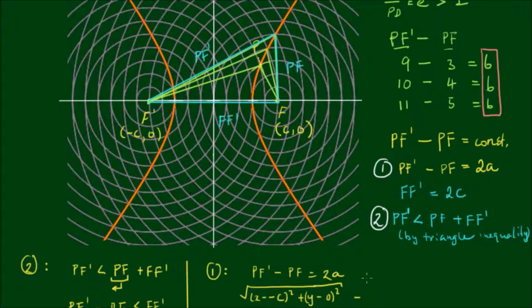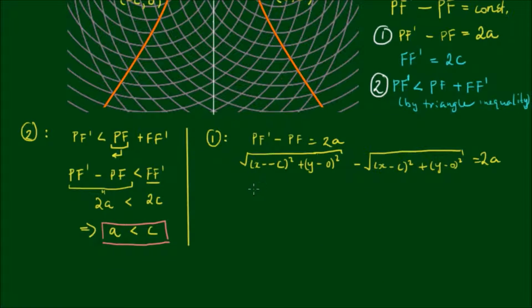Now the distance PF, so we subtract the distance PF, which again by the distance formula is equal to the square root of x minus c all squared plus y minus 0 all squared, and this is equal to 2a. Alright, bear with me because we're going to be in for some tedious algebra.